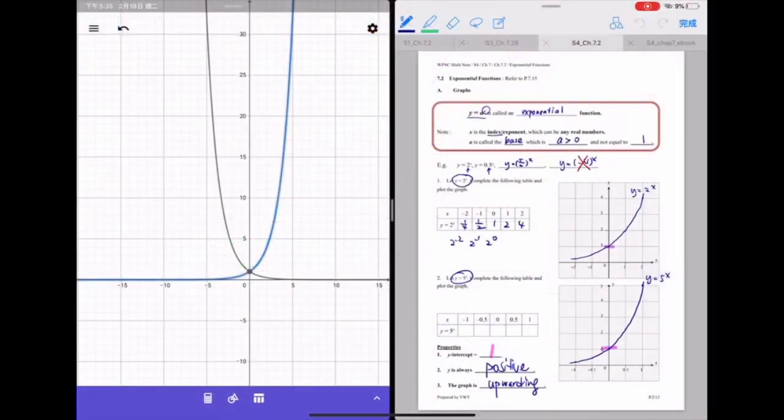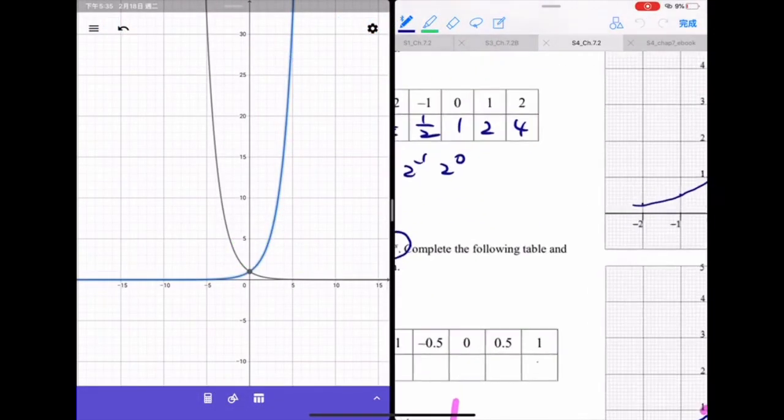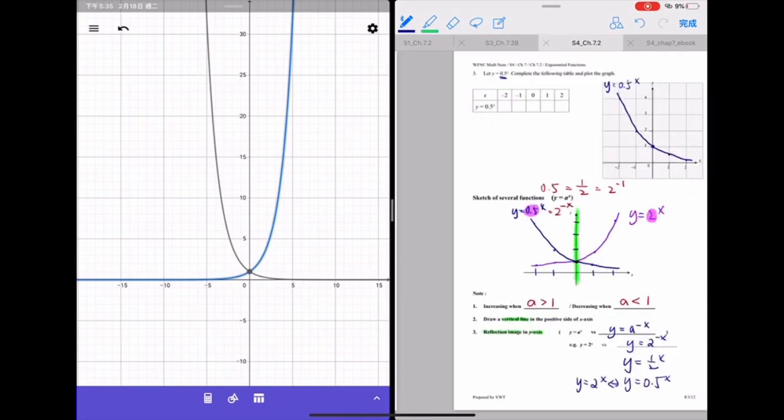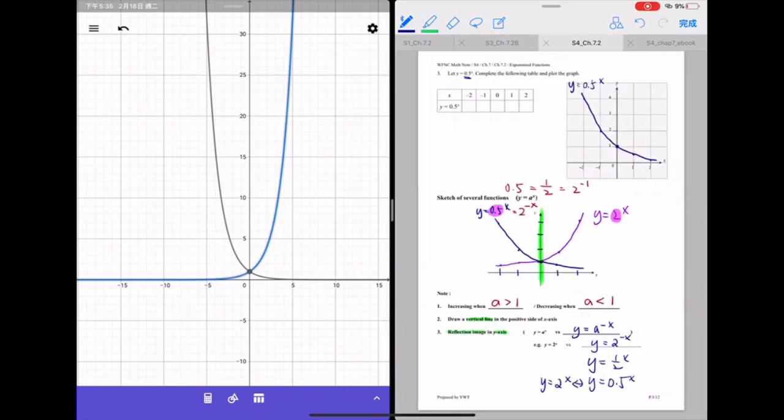And how about the one for 5 to the power x? Let's go back to here. I use the third color. It's also 1, so just simply put it here. Actually we can see that if the base is increasing, the graph will move towards the y-axis.